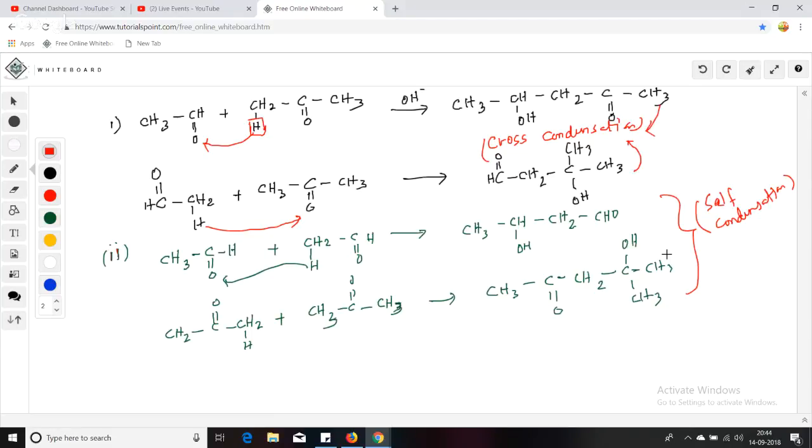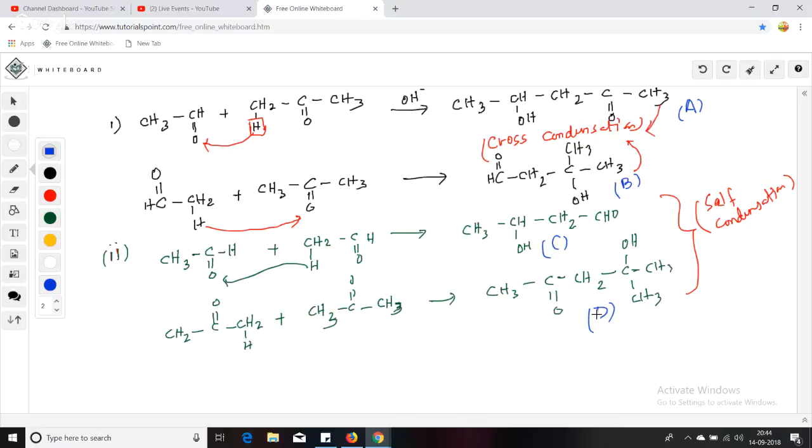Now suppose this product is A, this product is B. If you take CH3CHO self condensation, this product is C and this product is D. So all these four reactions are possible.